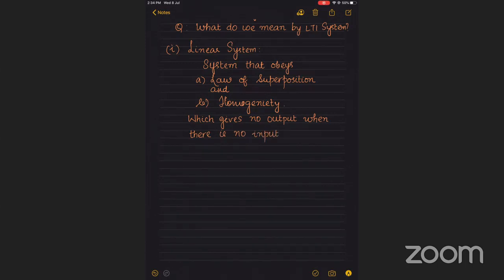What do we mean by that? If you don't give any input to the system, it will not give you any output. The best example is our own colleges. You don't give any student as input to the college, there will be no engineers as output from the colleges. Is that clear? So that is an example of a linear system.